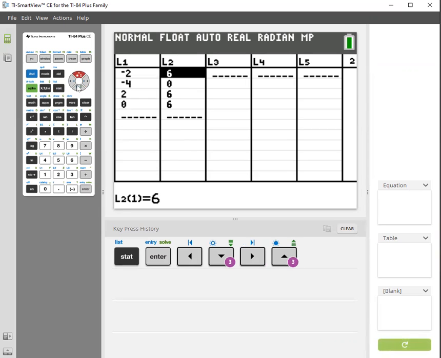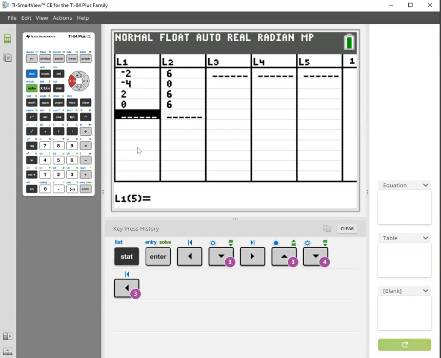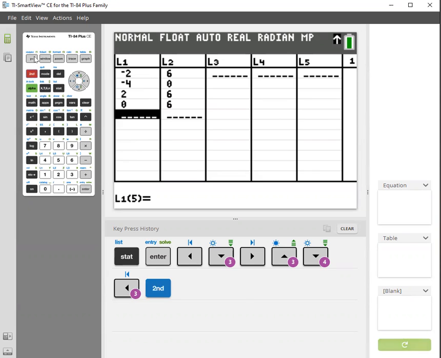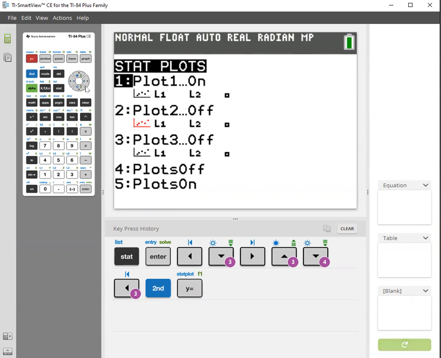And the Y values go into column L2. So these were the choices: negative 2, 6 was A, negative 4, 0 was B, C was 2, 6, and D was 0, 6. So after I entered the 4 multiple choice options, I click second Y equals, and then I can plot them as a plot set.